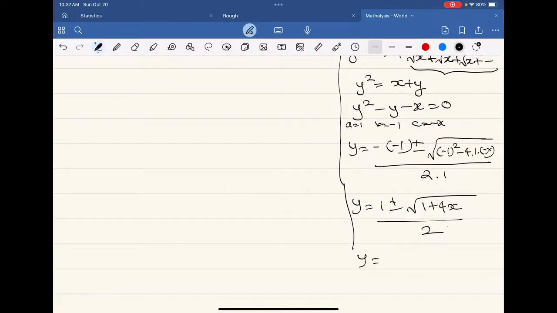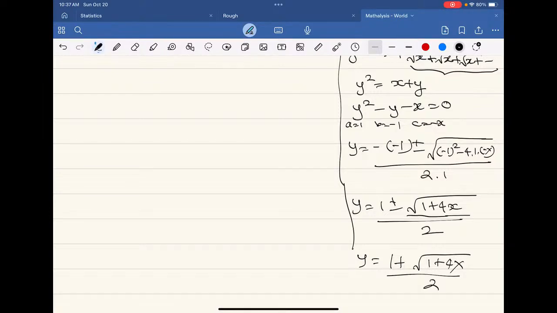Even if x is really small or x is big, if this expression is big, definitely the negative sign will make it negative, right? So to avoid that, we will avoid the negative sign and just say that y is 1 plus square root of 1 plus 4x divided by 2.